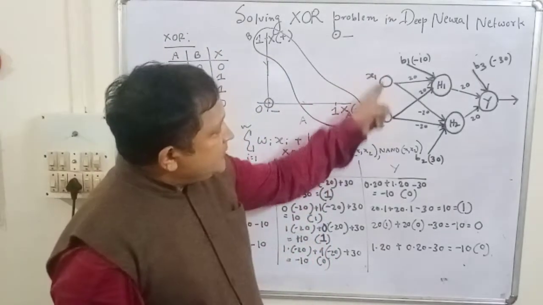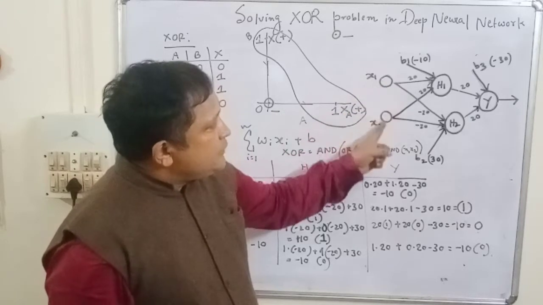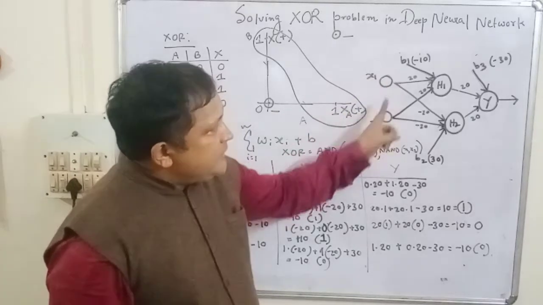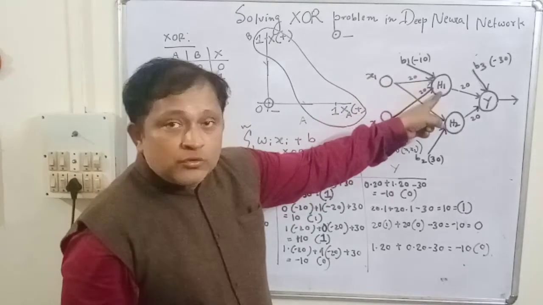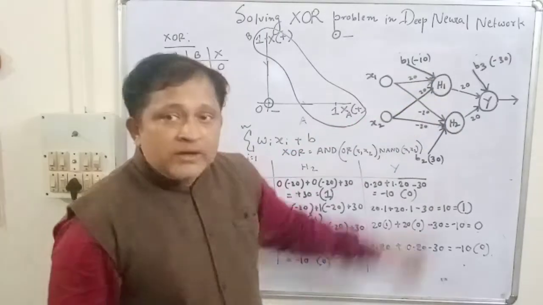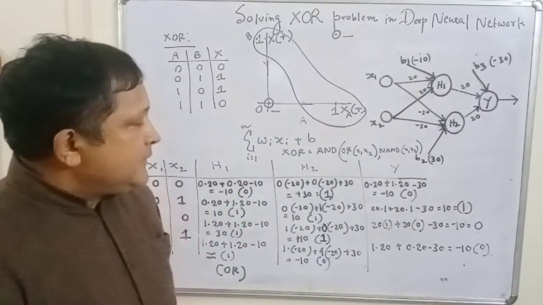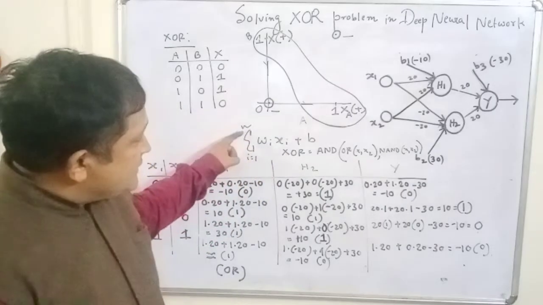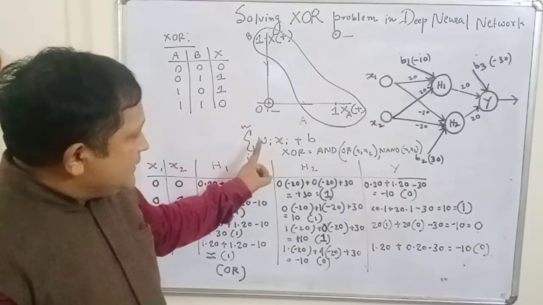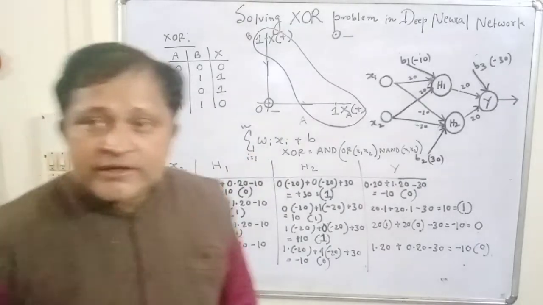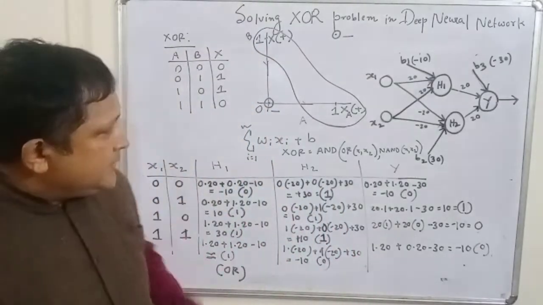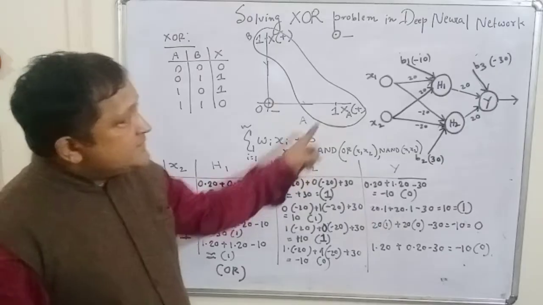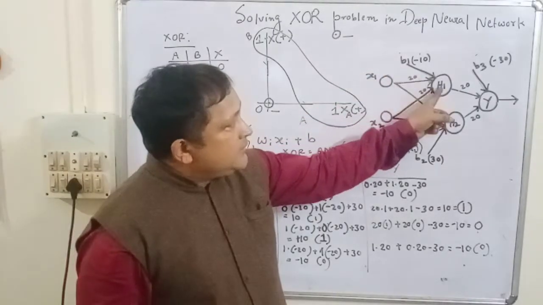Suppose for the input layer, we have 2 inputs only, and these 2 inputs are connected with 1 neuron of the hidden layer. So that is summation i equal to 1 to 2 in that case. In our case, i equal to 1 to 2, only 2 cases. That wi xi means w1x1 plus w2x2, plus the bias applied to that particular node.